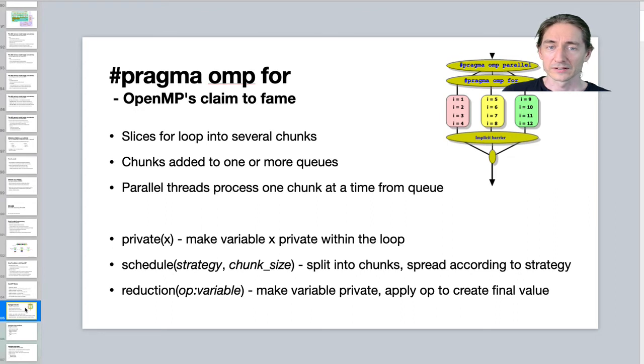In particular, for this for loop, it'll chop it up into multiple little chunks, and that depends a little bit on settings, we'll see later. It'll chop it up into multiple little blocks, stick those blocks or tasks into one or more work queues, and then the worker threads will automatically take elements out of the queues and do the prescribed work.